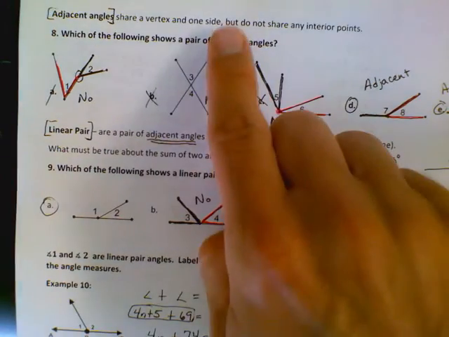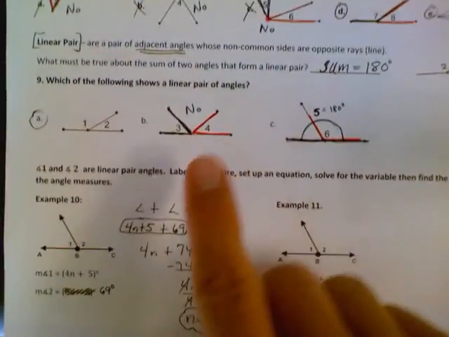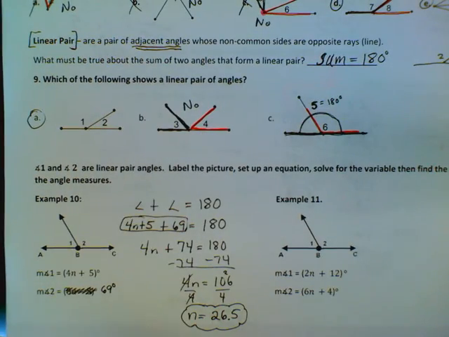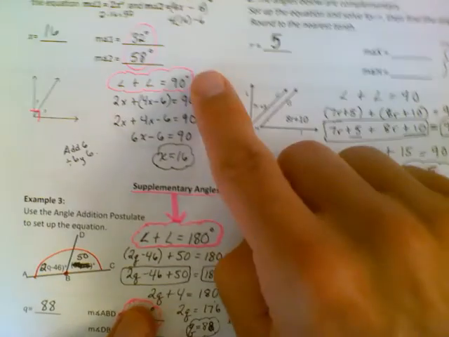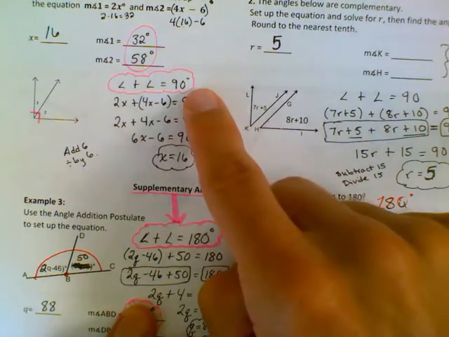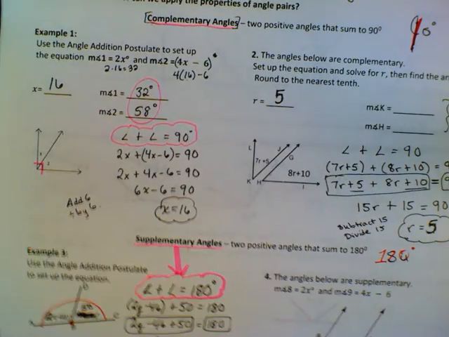And the reason I told you about adjacent angles is so that you could understand the definition of linear pairs. All right, we talked on how the complementary angles add up to 90 degrees and the supplementary angles add up to 180 degrees. So you will want to use either one of these formulas when you approach that kind of question. All right, so there you go.